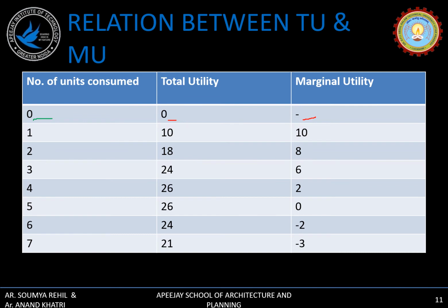When they serve you the first chapati, your number of units consumed becomes 1, and maybe the first chapati has given you a satisfaction of 10 utils. So the marginal utility becomes 10 minus 0 is equal to 10.